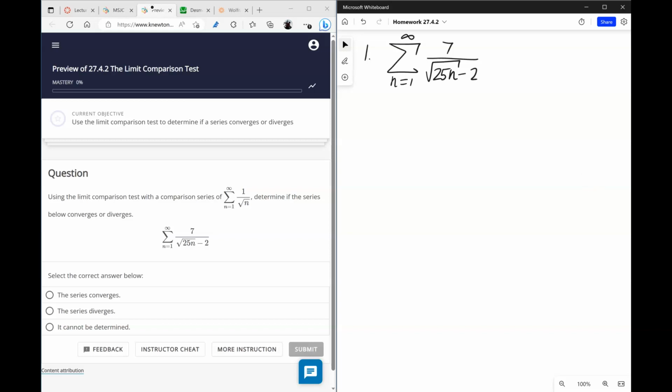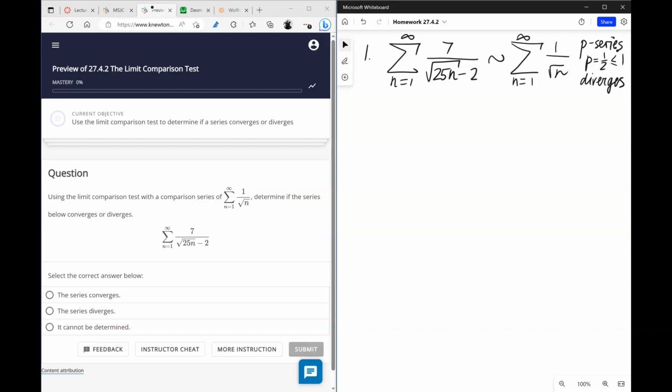And the limit comparison test says that this series behaves exactly the same way as this series under certain conditions. I'll discuss those conditions in a bit. But what do we know about this series? We know that this series is actually a P series, with P equals 1/2, which is less than or equal to 1, therefore it diverges.